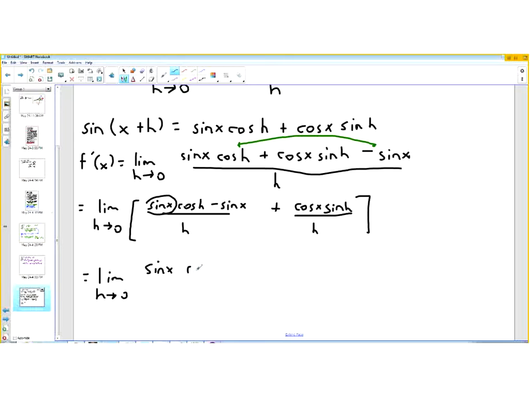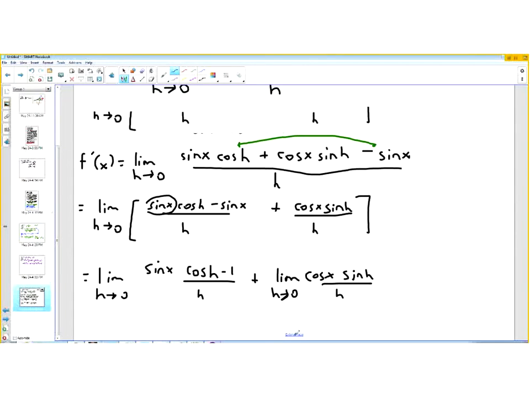And so that would be cosine h minus 1 over h, plus the limit as h approaches 0 of cosine x times sine h over h.